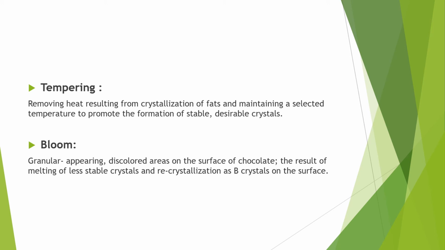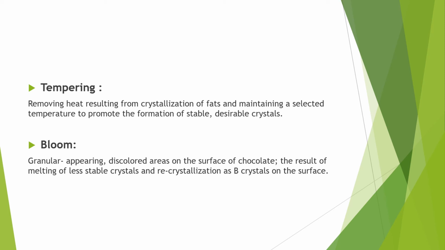By this means the fat is held at a specific temperature for the time required for the crystals to finish forming and to stabilize in the favored crystal form. Like chocolate needs to be tempered to promote the formation of stable fat crystals.